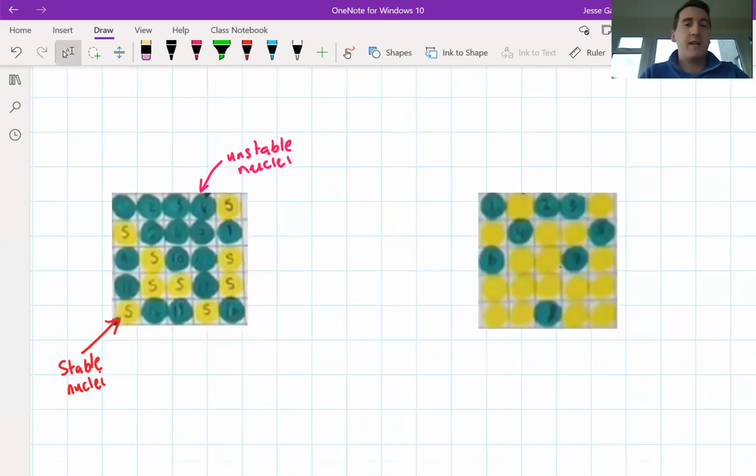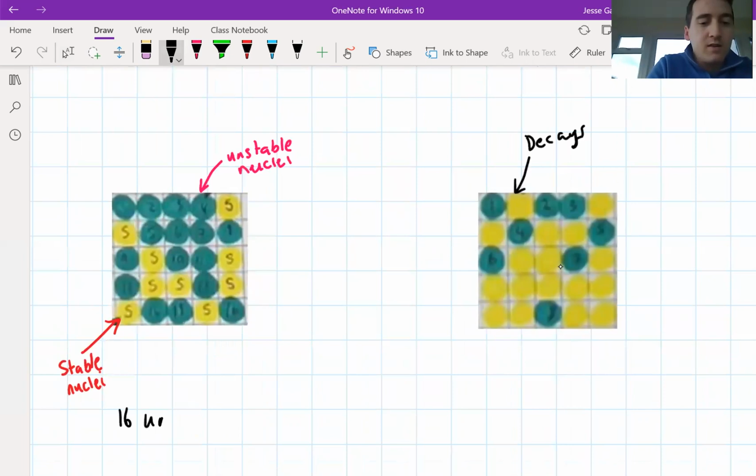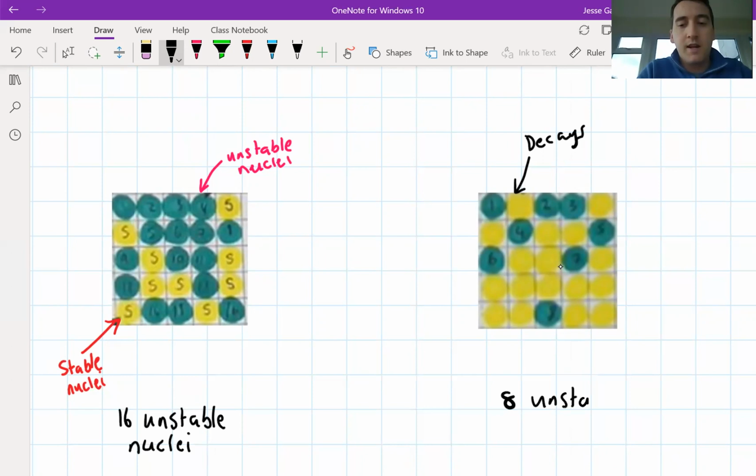So what we see in the second diagram is that certain atoms here have decayed. This one here that I'm labeling, you can see that this has decayed. And what you will notice about the second diagram is that we have gone from, in the first one, having 16 unstable nuclei, to having half that amount, 8 unstable nuclei left in the second situation.